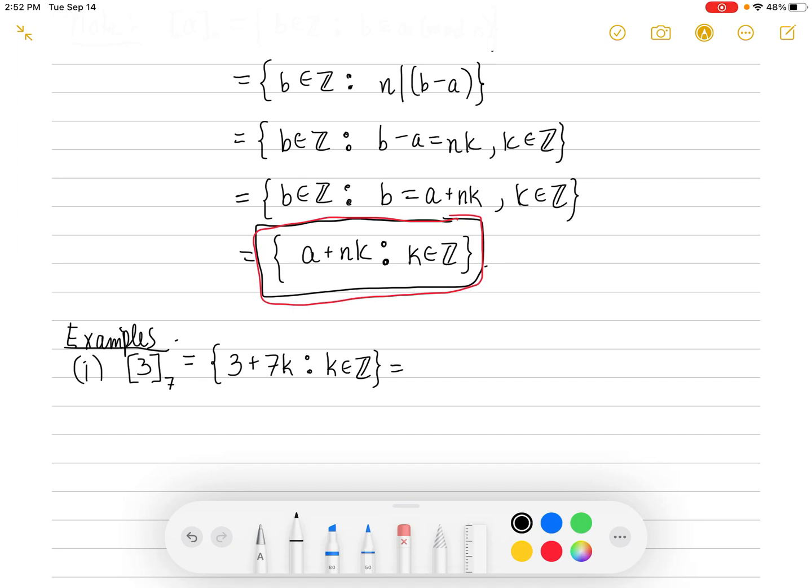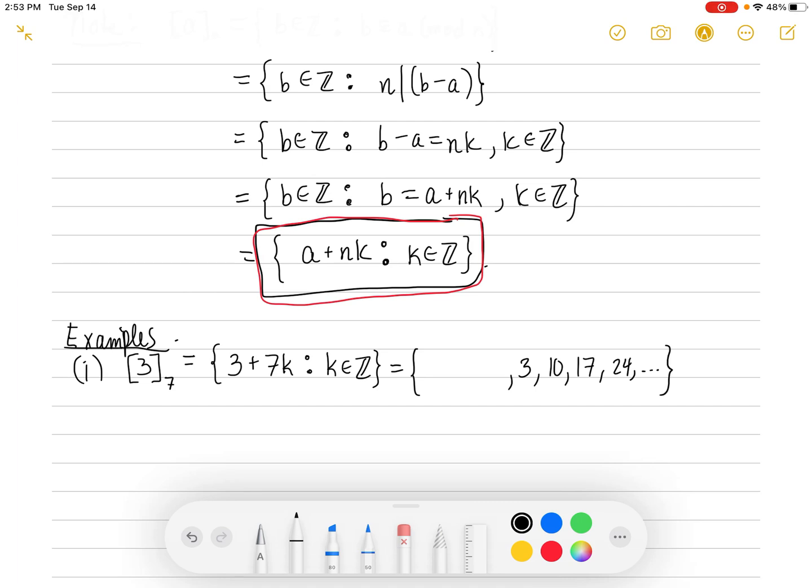So basically, you can let k be anything it wants to be. k can be 0, 1, 2, 3, or k can be negative 1, negative 2, negative 3, and so on. If k were 0, I get 3. If k were 1, I get 10. If k were 2, I get 17. If k were 3, I get 24, and so on and so forth.